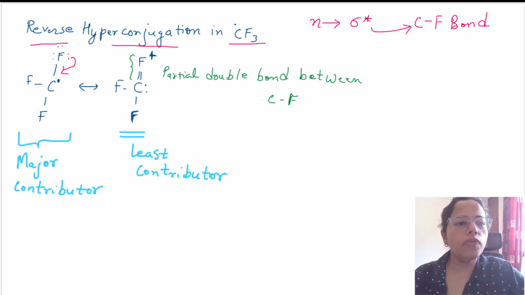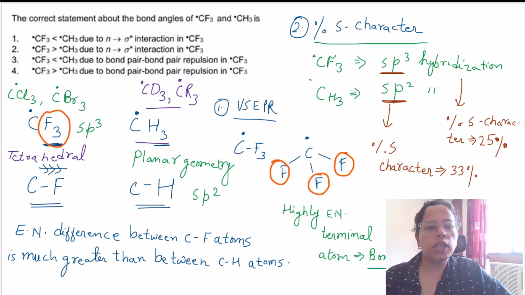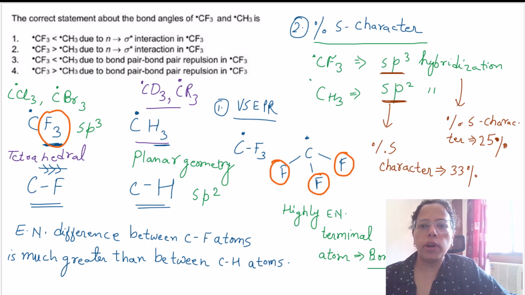Okay. So now if we go back to the question, we can see that we have been given four options, and first we have to select the option where the CF3 radical bond angle is lower than the CH3 radical bond angle. So we have option 1 and option 3 where the CF3 radical bond angle is less than the CH3 radical bond angle.